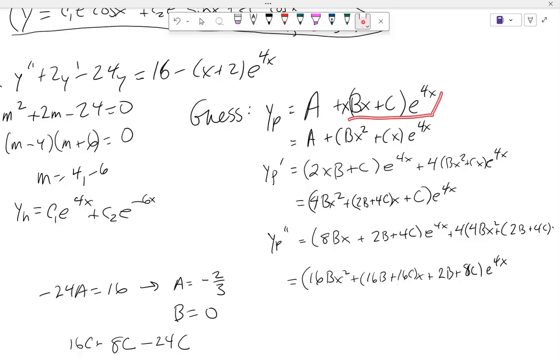What happened here? This is the right guess. You know, it shouldn't matter.